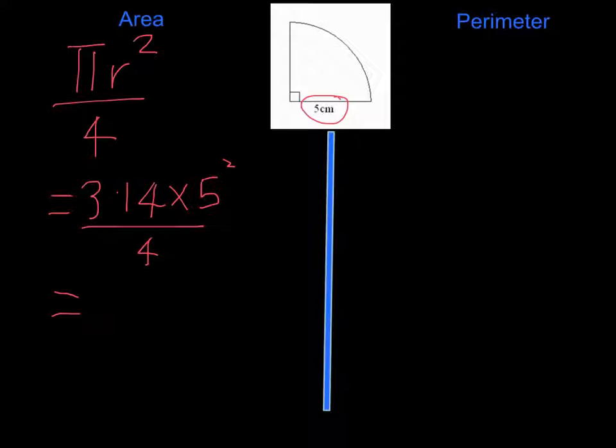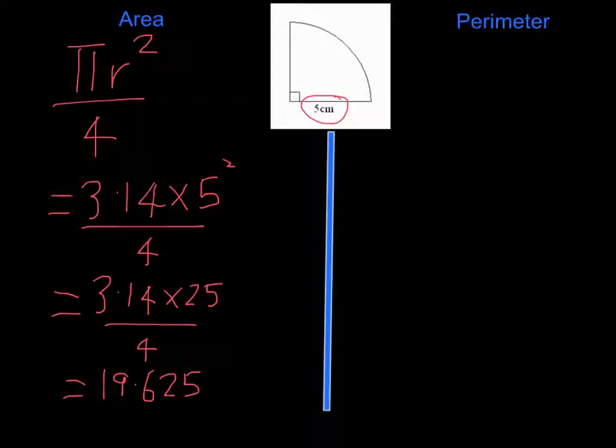We know that 5 squared is equal to 25, so 3.14 times 25 gives us 78.5, and then we divide that by 4, which gives us 19.625 centimeters squared. Let's round that to 2 decimal places to give us 19.63 centimeters squared for the area.